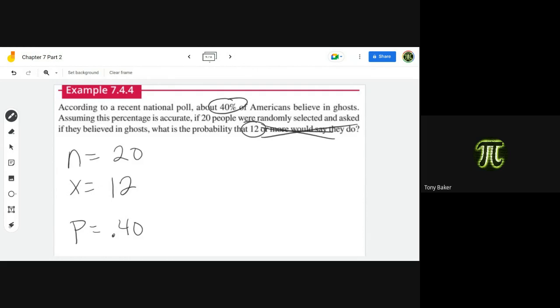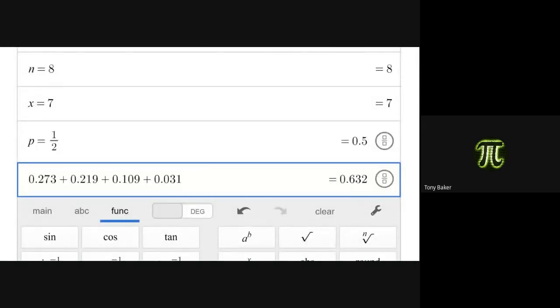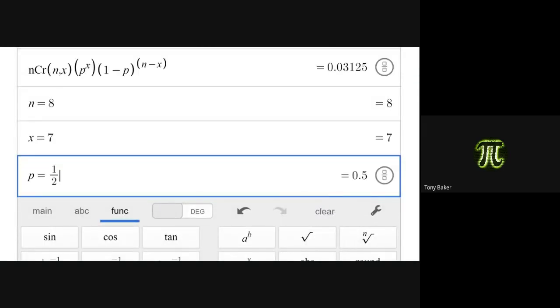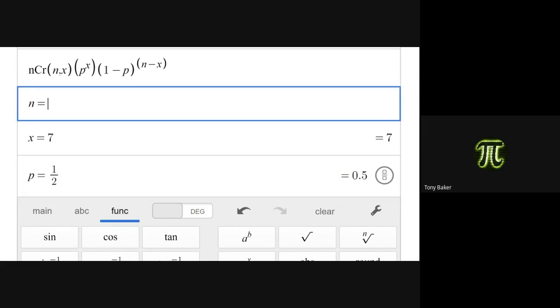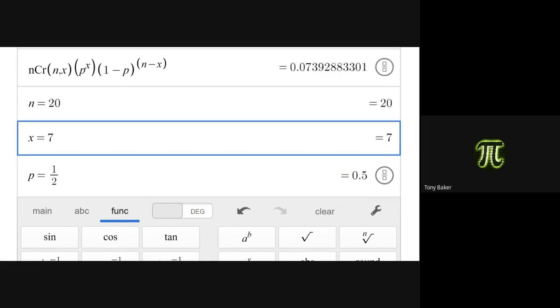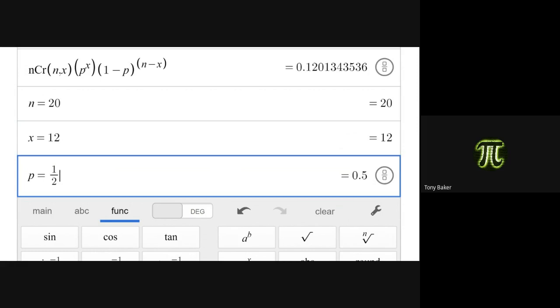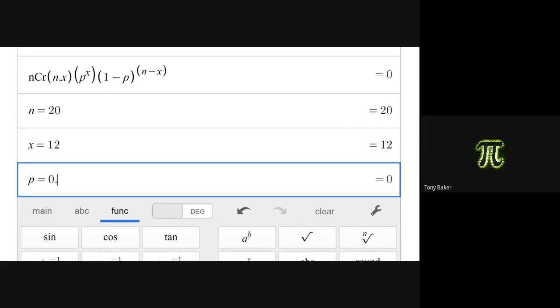All right, it's fine. We're going to go back over to Desmos. We still have my formula there. We're going to change n to 20, x to 12, and this to 0.4.